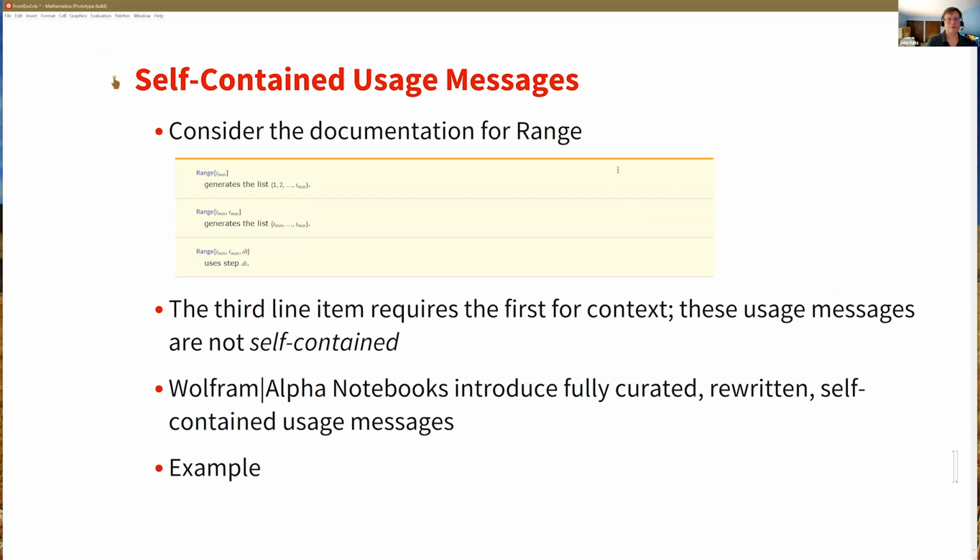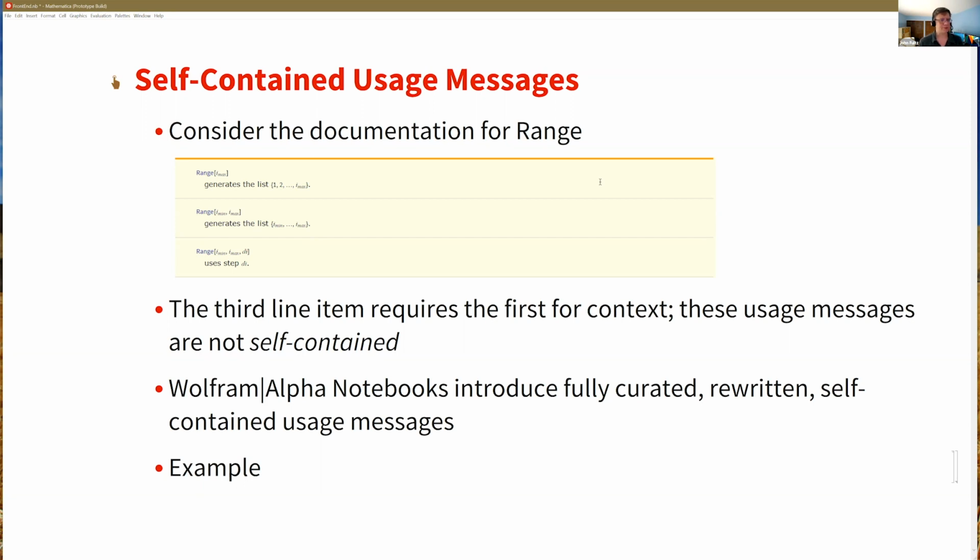Self-contained usage messages. This is one of my favorites. So here's the idea. Think about this. I pulled here a snippet of the documentation for Range. Range has 3 documented usages. It has the 1 argument usage, the 2 argument usage, and a 3 argument usage. Straightforward enough.